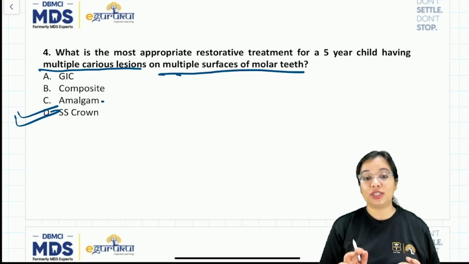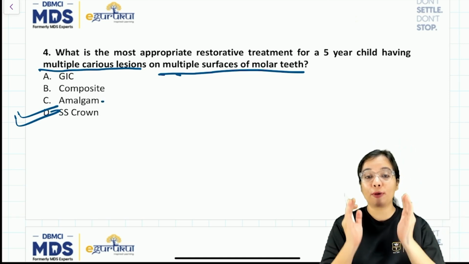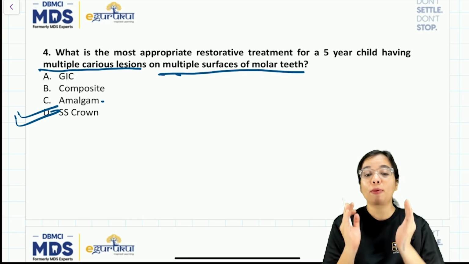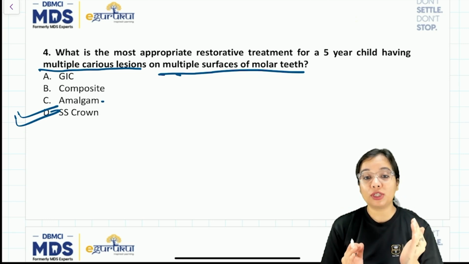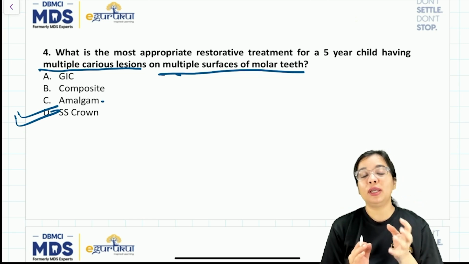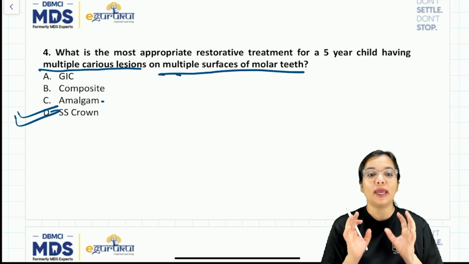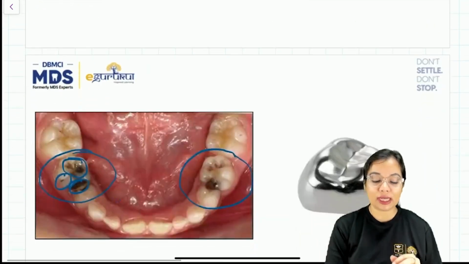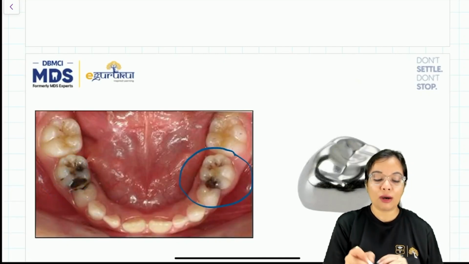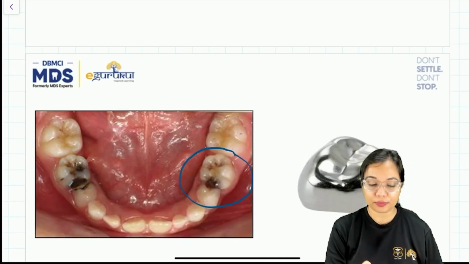Amalgam becomes out of the question because amalgam needs a proper cavity preparation, proper depth, proper rounded margins, dovetail formation, and then it needs converging cavity form and everything. So in this kind of grossly destructed tooth, amalgam is not possible at all.